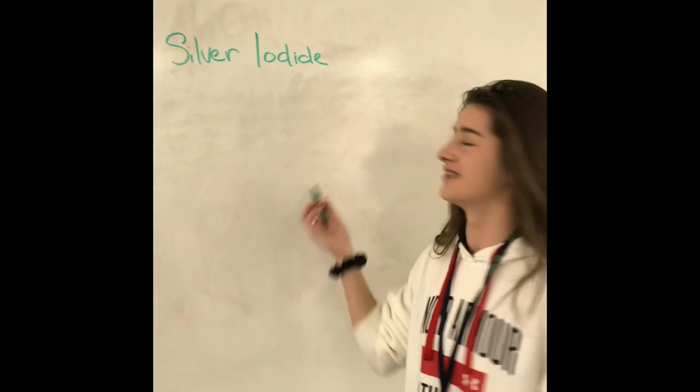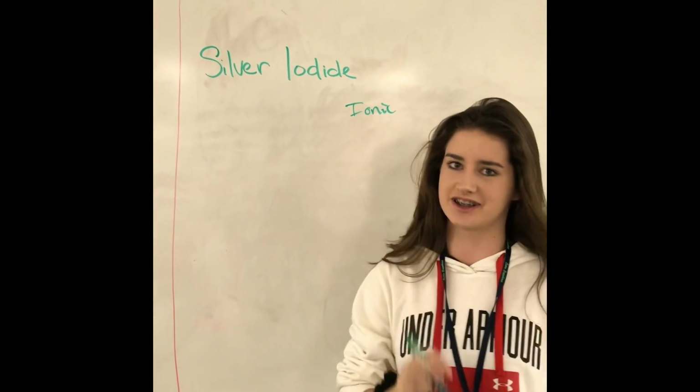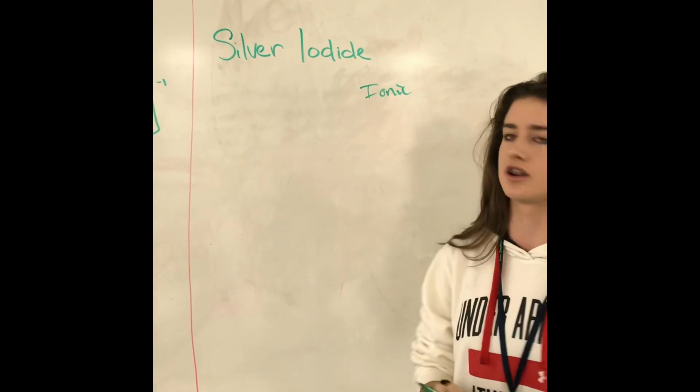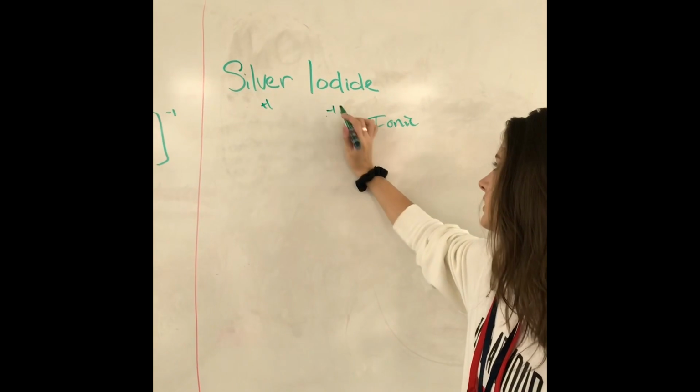So this is silver iodide, which is ionic because silver is a transition metal, but silver always has a charge of +1, and iodide has a charge of -1.